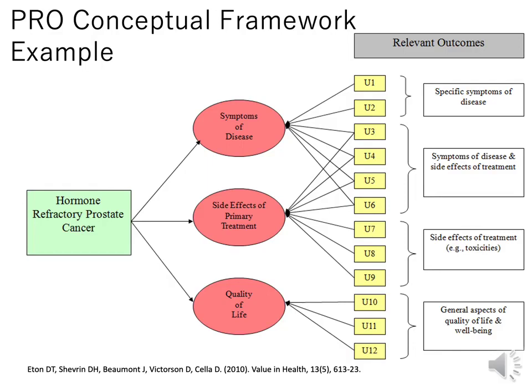You can see which items are connecting with which domains, and then what the relevant outcomes are from those items. So this is essentially a conceptual map or framework so that any person can look at the measure and understand the intended areas that it's supposed to be measuring.